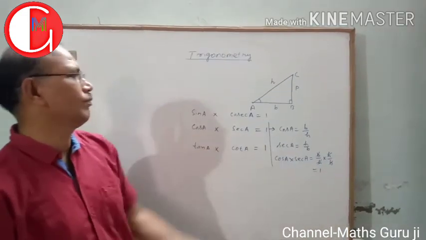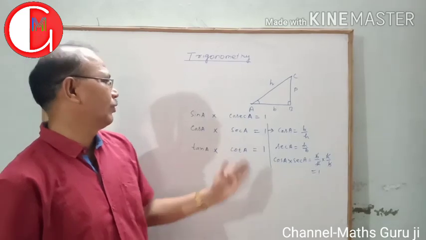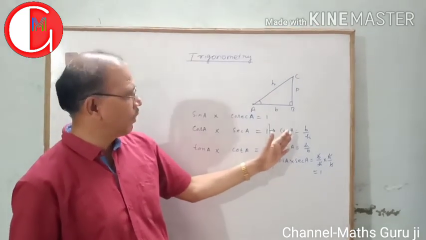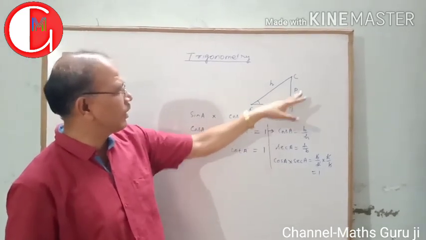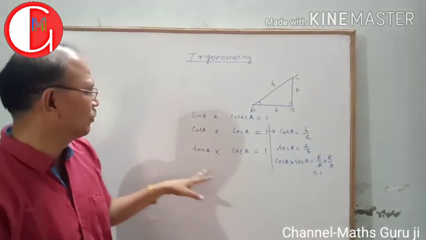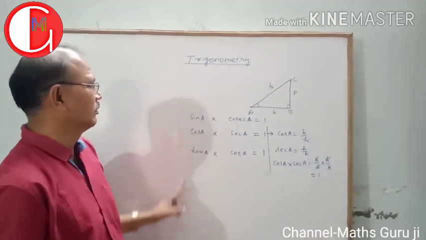So you can prove this. If you know the ratio, the relation between all the sides, you can prove this identity.